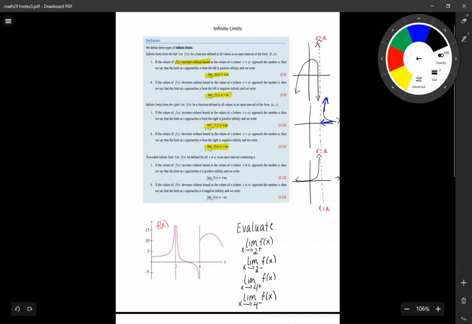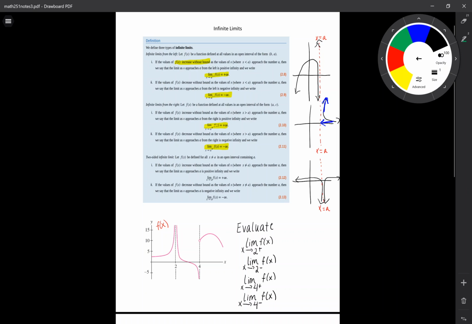And as x approaches a from the right, we also go towards positive infinity. And if we wanted to do this in the negative direction, it would be the same thing, just reversed. So we could go like this. That is going towards negative infinity and negative infinity in this direction as well.